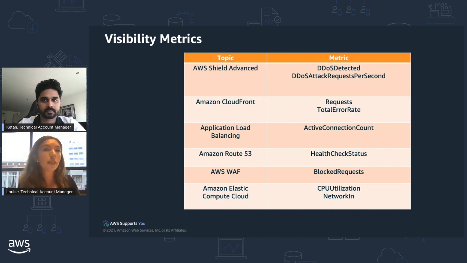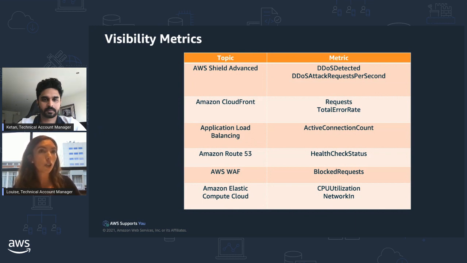But basically the whole point of visibility metrics is that when an operational metric deviates substantially from the expected value, this may possibly be an attack. So this is what I was mentioning earlier about if you know your normal behavior of your application, then you'll very quickly be able to notice if there's an anomaly and you'll be able to take action. So that's what these metrics are here for as well.